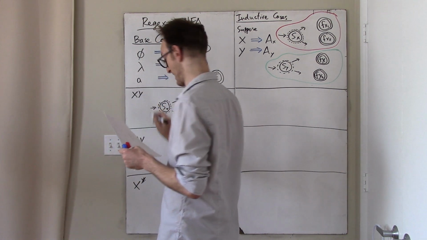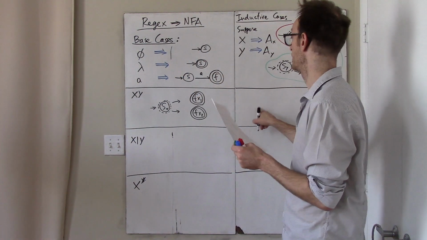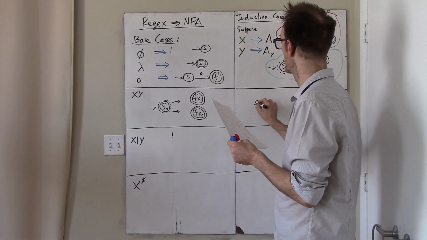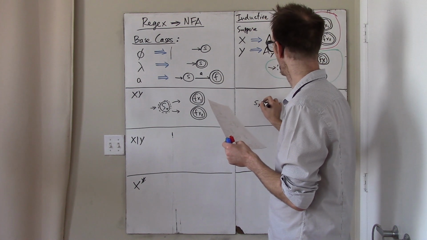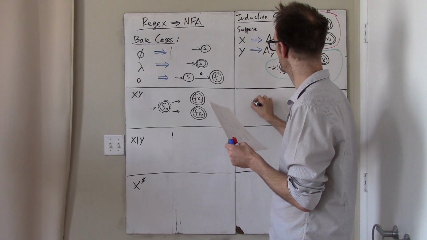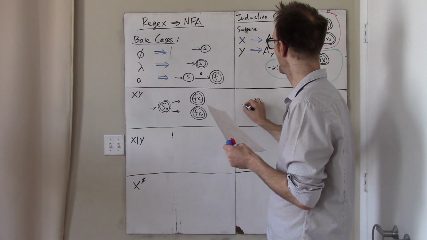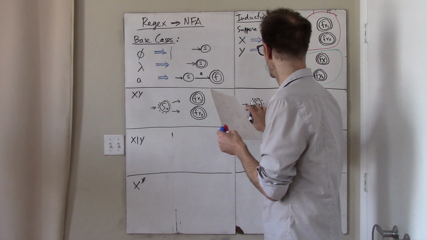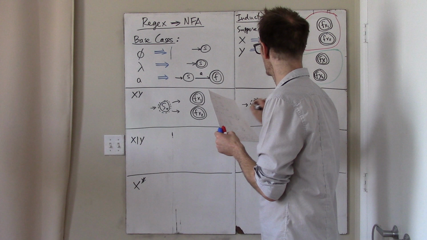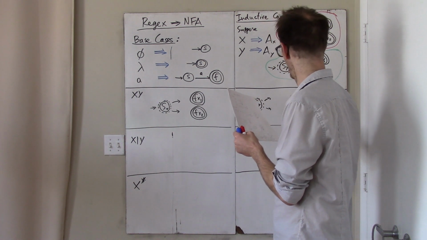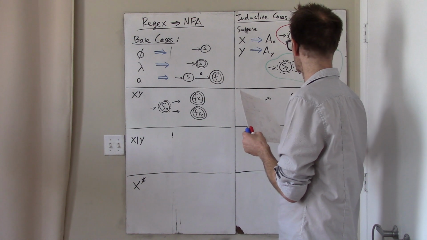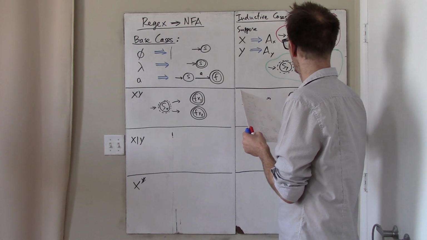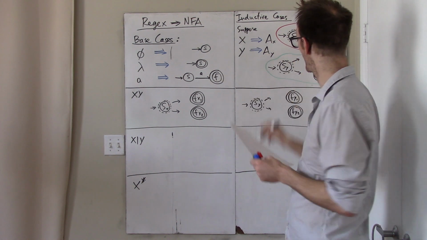I'm just redrawing it now. And then I have this machine y, which has a start state, which once again might be an accept state, and then it has transitions drawn here, and here's Fy1 and here's Fy2. These are the accept states of machine Ay.